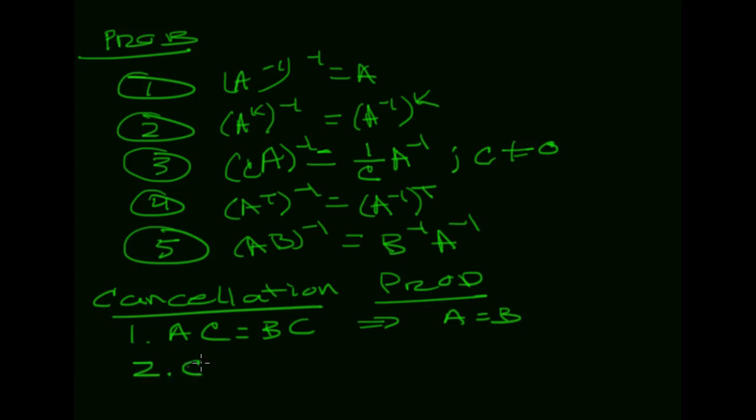And number 2, if I have C times A is equal to C times B, I can also do left-hand cancellation, which will get me back to A equals B. This only works if C is invertible, however, right? No inverse, this doesn't play out. All right, so there's your cancellation properties.